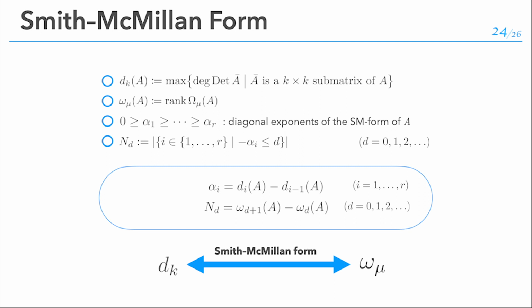Intuitively, this relation connects dk and omega mu through the Smith-McMillan form. Using these equalities, we showed the Legendre conjugacy between dk and omega mu.